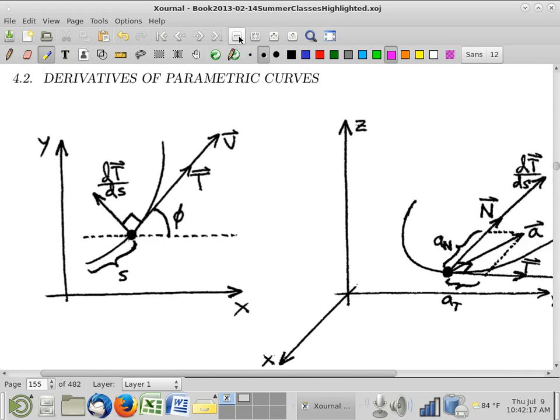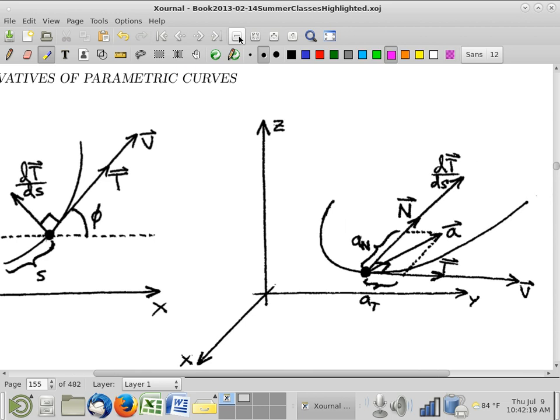Now, I want to move on and consider the three-dimensional version of this. We'll try to leave the two-dimensional version visible there. So we have a parametric curve. There's a velocity vector. The unit tangent vector pointing in that direction is going to be interesting and useful again.